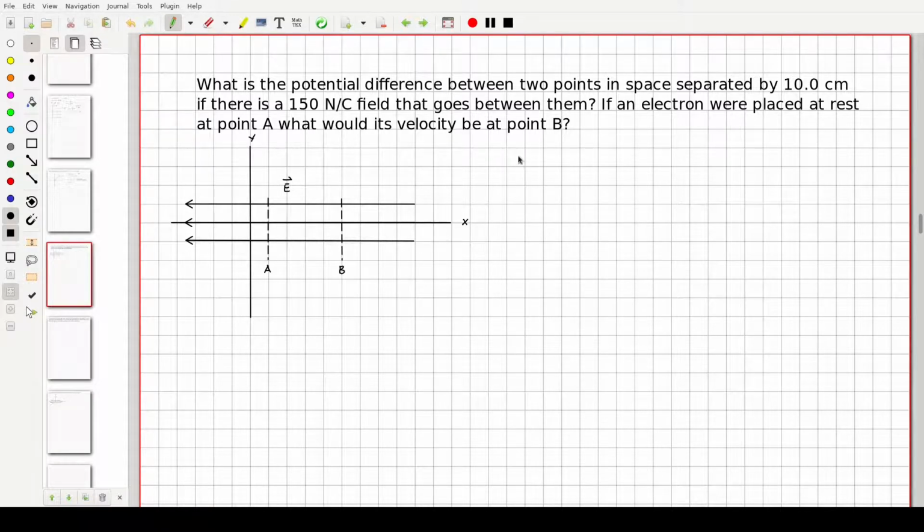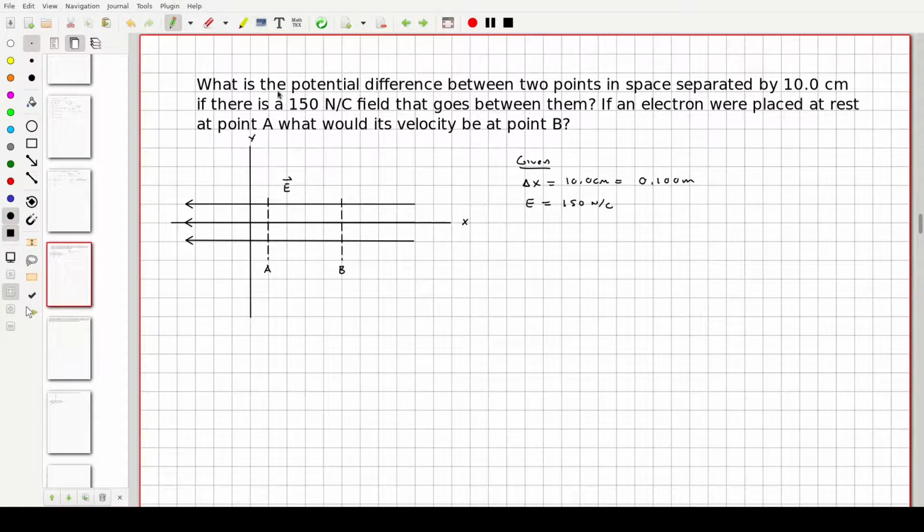So, we are given a separation distance, which I'll call delta x, since that's along the x-axis, of 10.0 centimeters, or 0.100 meters. We're also given a field, which in magnitude I'm going to call E. It's 150 newtons per coulomb.